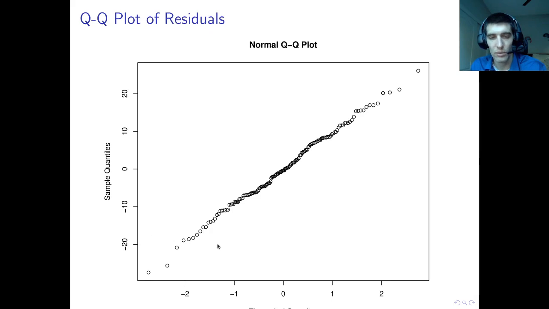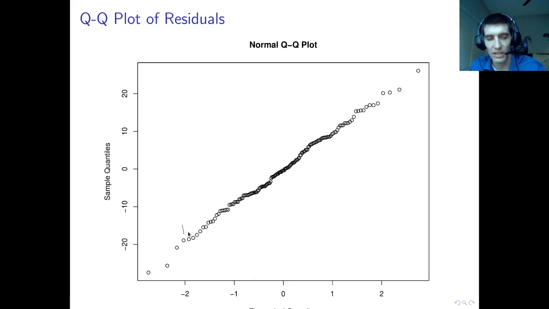So again, what's happening is I have the theoretical normal quantiles on the x-axis and the sample quantiles on the y-axis. Each one of these points is, for example, like the 10% quantile, or the 10th percentile. So I say the 10th percentile, where is that in the normal distribution? Where is that in my data? And I proceed.